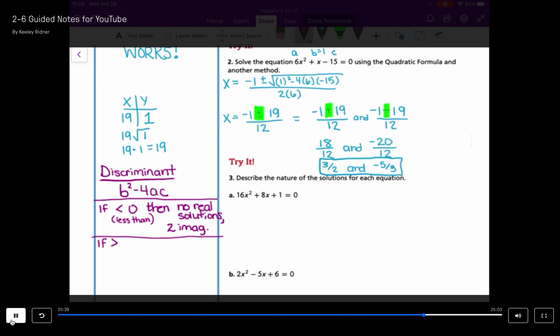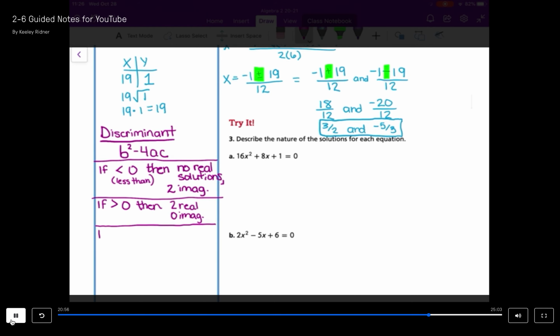If greater than 0, then 2 real, 0 imaginary. And if it equals 0, then 1 real solution.